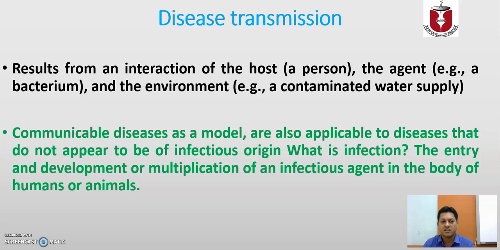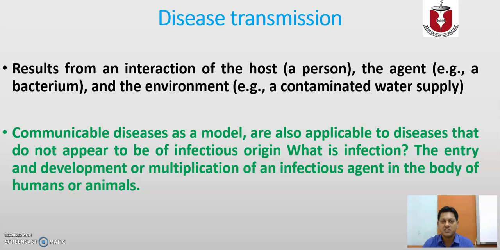Whenever we are describing disease transmission, most importantly, communicable disease is a perfect example. We have a lot of diseases around us, and these diseases can be transmitted from one person to another. The second example of communicable disease is tuberculosis.